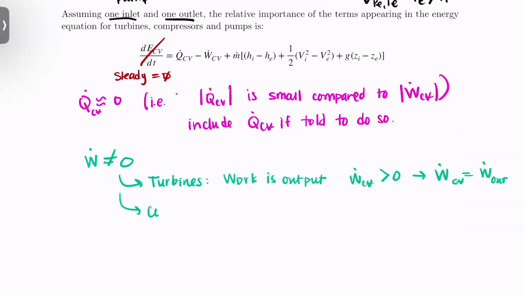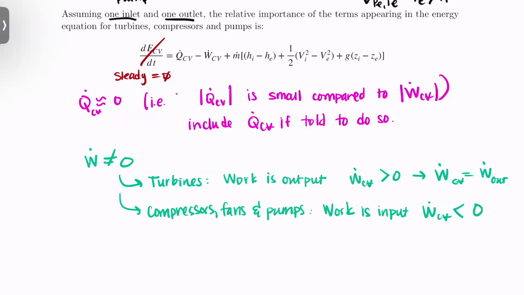And then for compressors, fans, and pumps, work is input, which means the sign changes. So W dot CV is less than 0. So W dot CV is equal to minus W dot in.